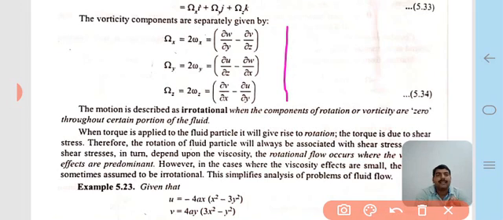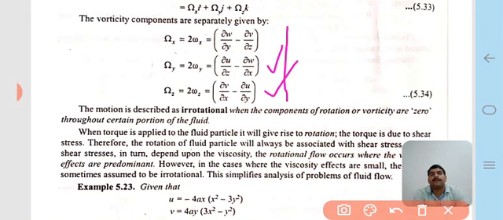The vorticity about the x axis is 2 omega x, 2 times the rotation, that is del w upon del y minus del v upon del z. Vorticity along y is 2 omega y, del u upon del z minus del w upon del x, and vorticity along the z axis is 2 omega z, that is del v upon del x minus del u upon del y.